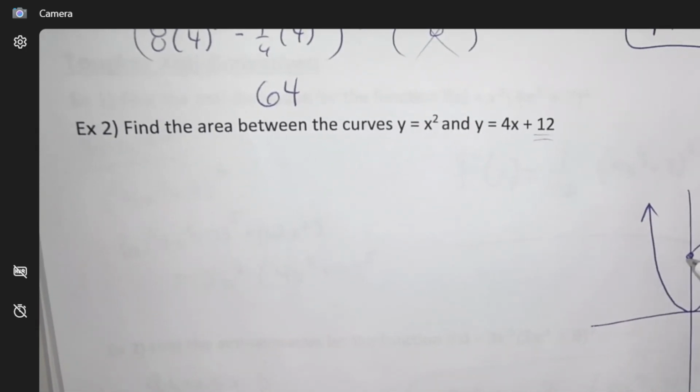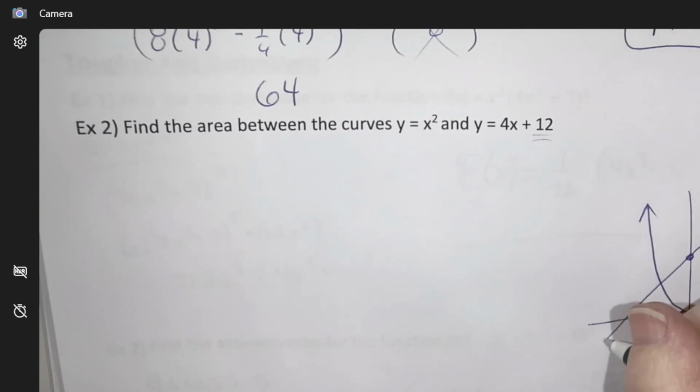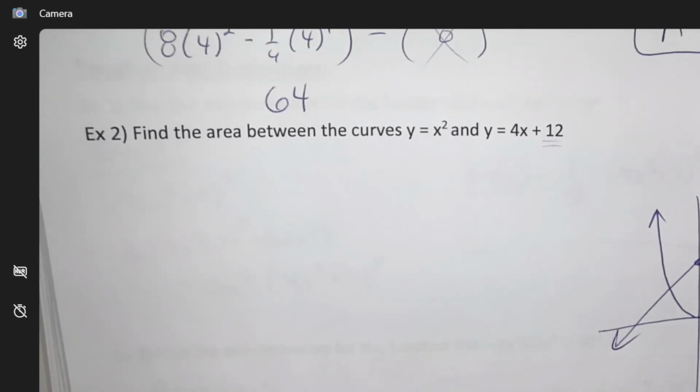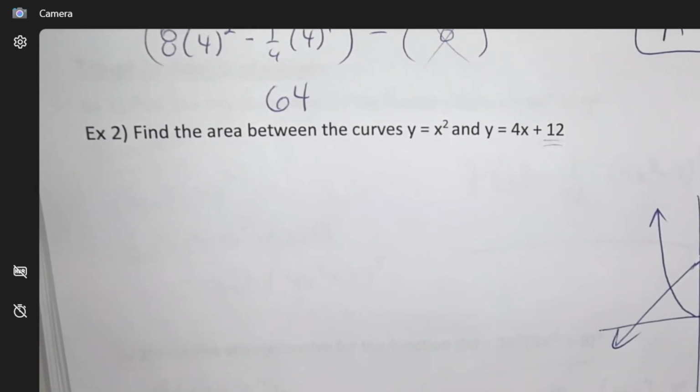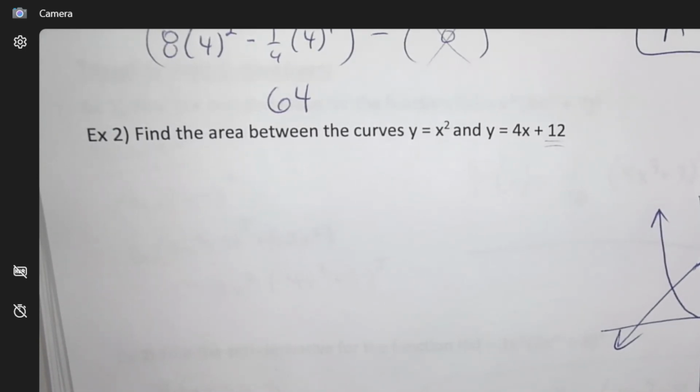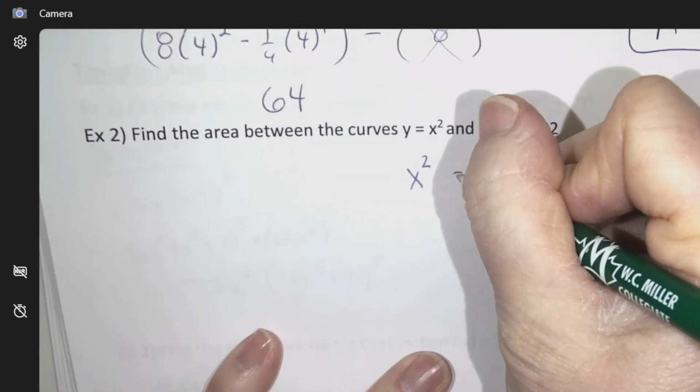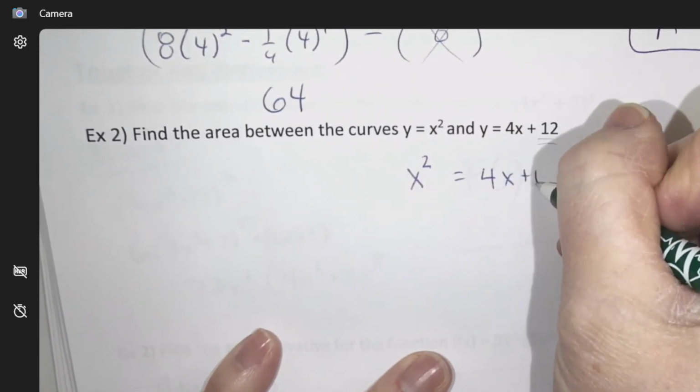Y-intercept of 12. Okay, so there's my kind of general understanding. So I want the area that's enclosed between them, so I need their intersections. So where does this equation equal this equation?